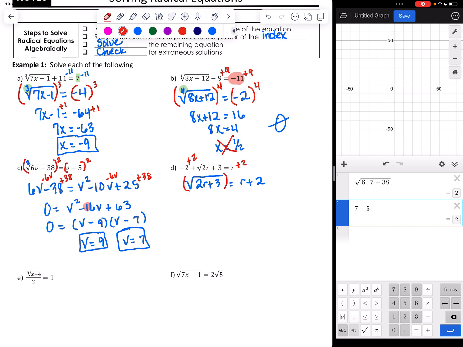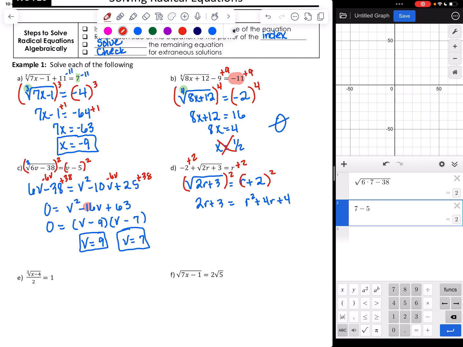Hopefully you raised both sides to the 2 power, and that would give you 2r plus 3 on the left side, and on the right side it would give you r squared plus 4r plus 4.